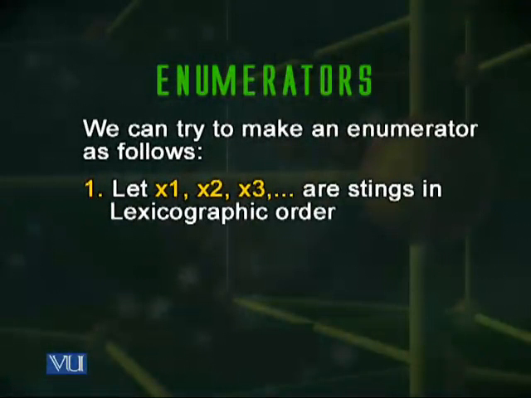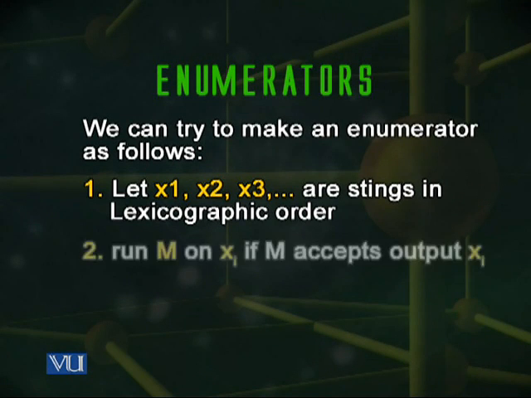So that would be our first attempt at making this enumerator. Formally, the enumerator is described as follows. Let x1, x2, x3 all the way up to xn be strings in lexicographical order. Run the Turing machine M on xi. If M accepts xi, output xi.